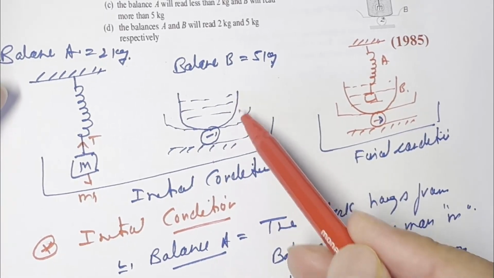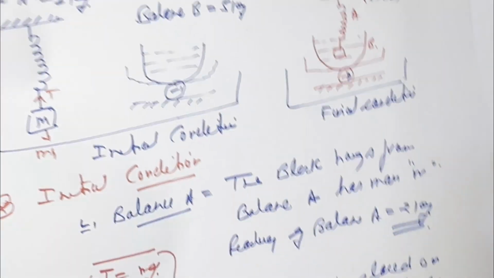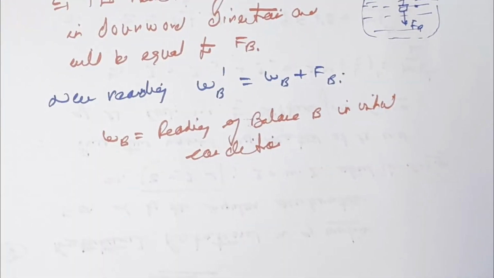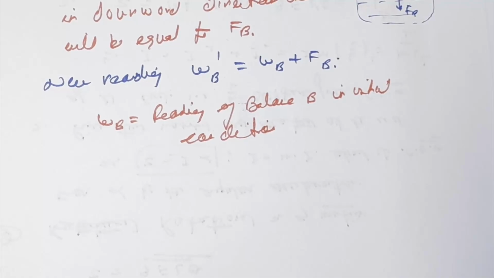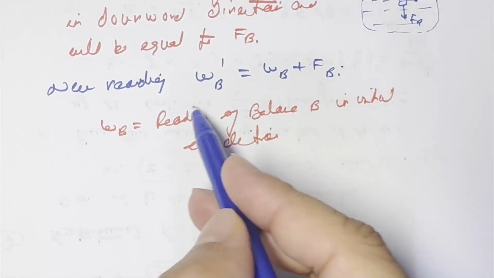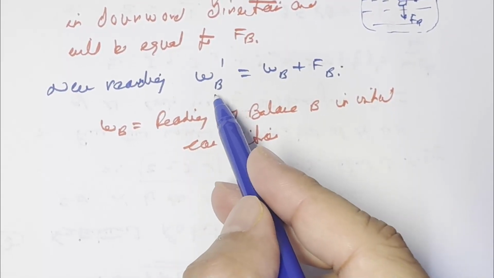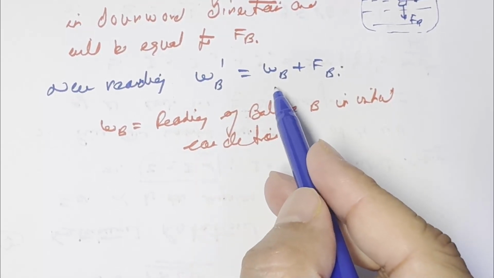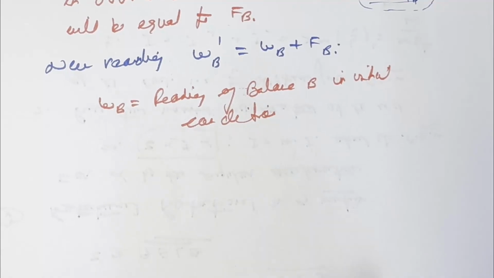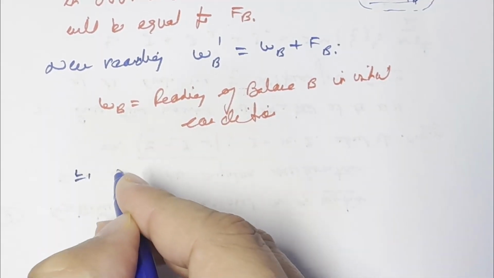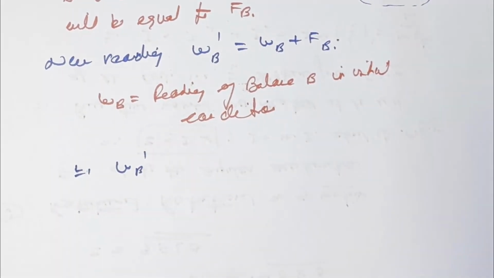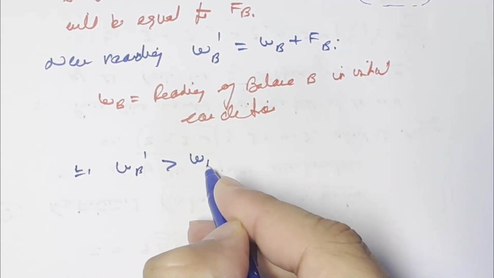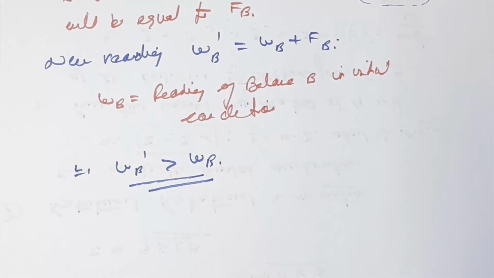This is the initial condition for balance B and its value is given as 5. So from here we can clearly see that our Wb prime will be reading more than 5 kg. We can say Wb prime is greater than Wb.